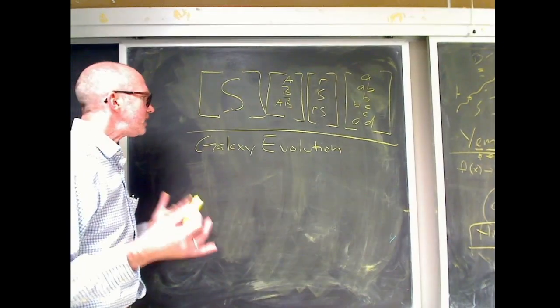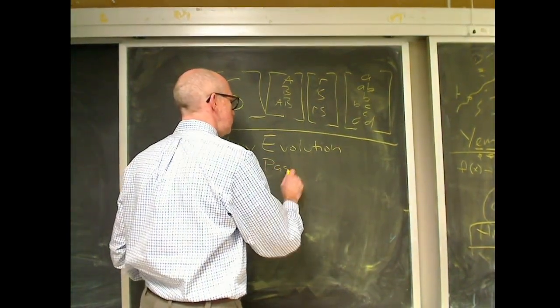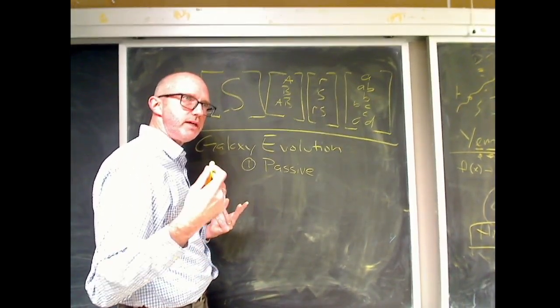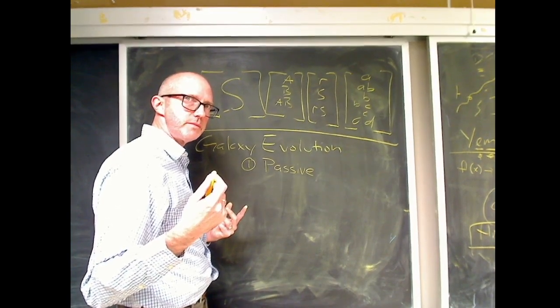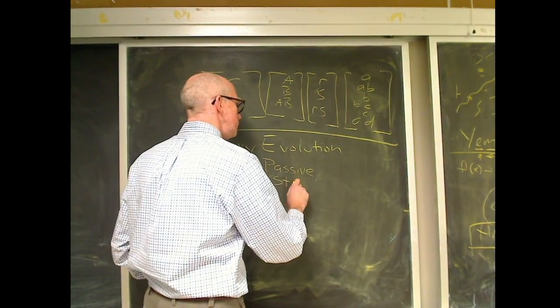But how do galaxies evolve? There are two kinds of galaxy evolution mechanisms. There's passive evolution, and this is the star formation.